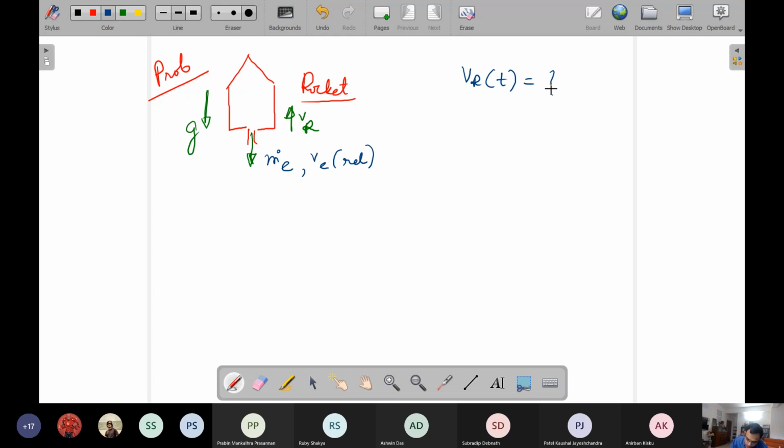To do that, again we have to fix a control volume. So let us say that we have fixed this control volume, which is fixed to the rocket itself, and because it's primarily a motion along one direction, let us call it x.